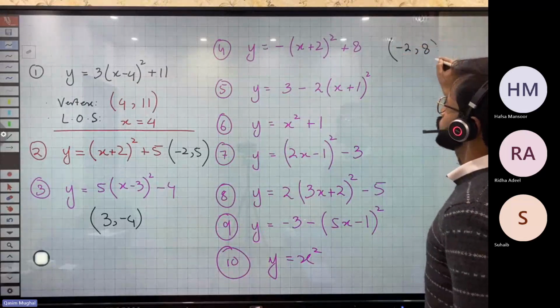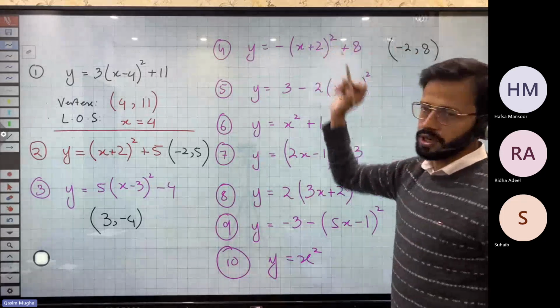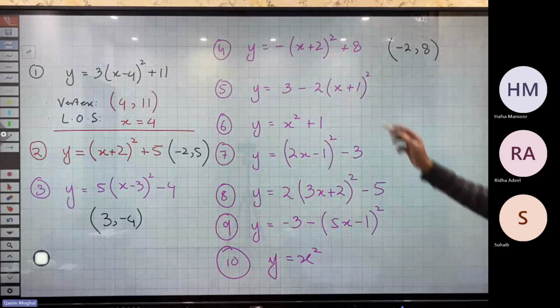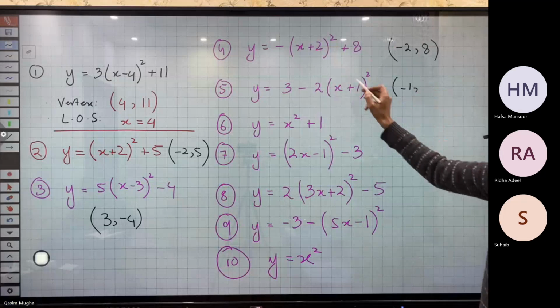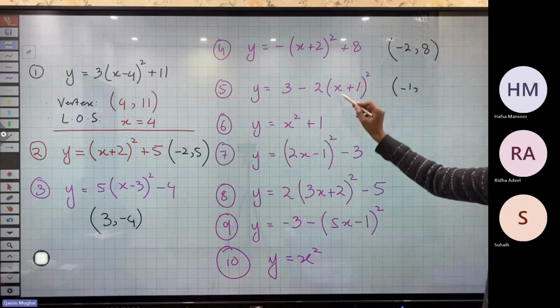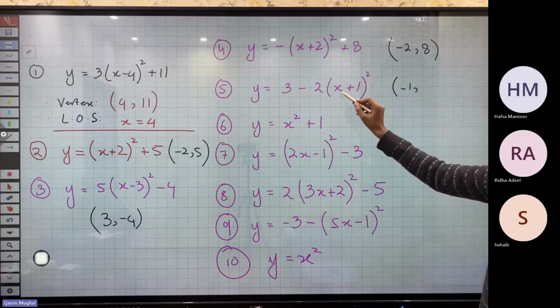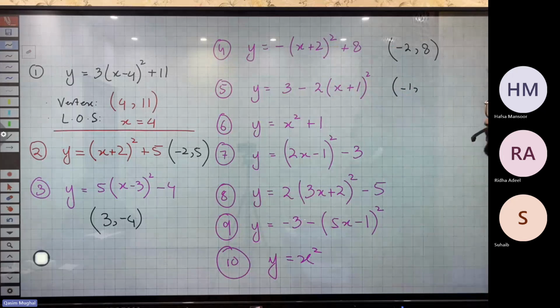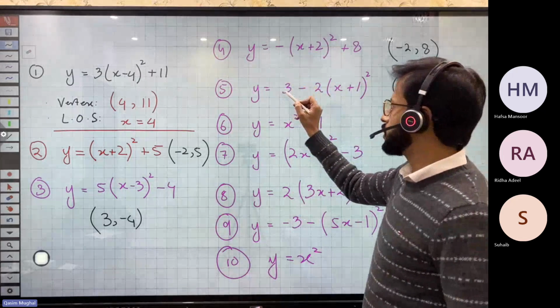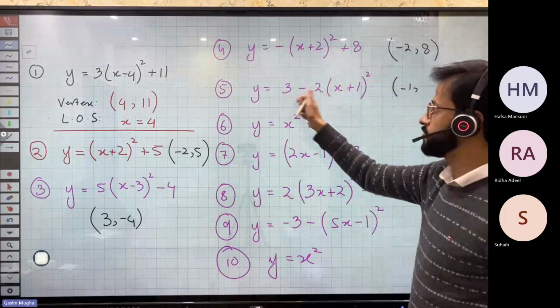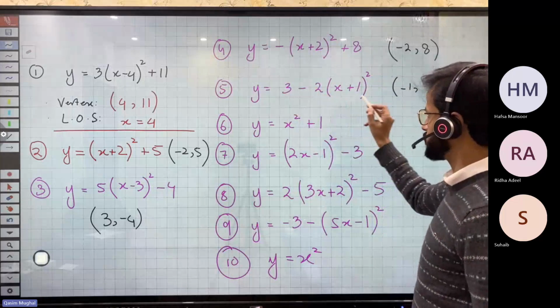Whatever is inside the square, put that equals to 0. So x plus 1 equals to 0 gives us x equals -1. And whatever is outside as a separate term, that thing as it is, this is +3. This minus sign is with this term.